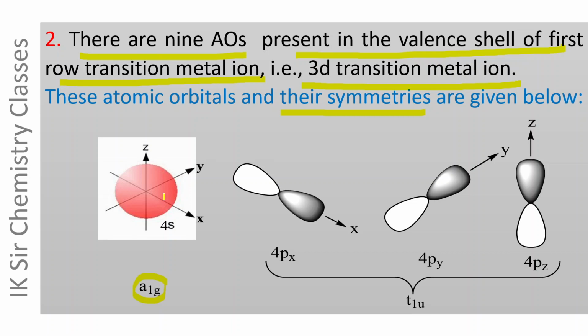Its lobes are present on the x-axis, y-axis, and z-axis. This is 4px whose lobes lie on the x-axis, 4py whose lobes lie on the y-axis, and 4pz whose lobes lie on the z-axis. These orbitals have symmetry T1u.